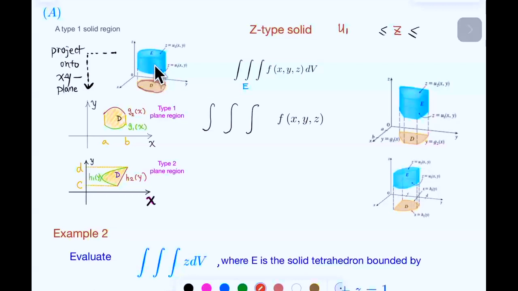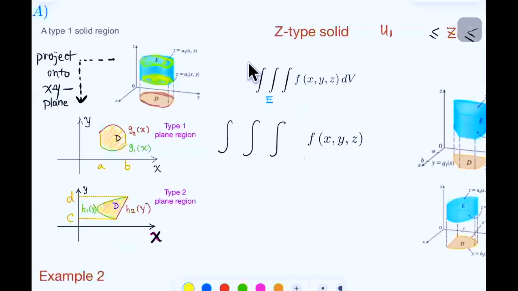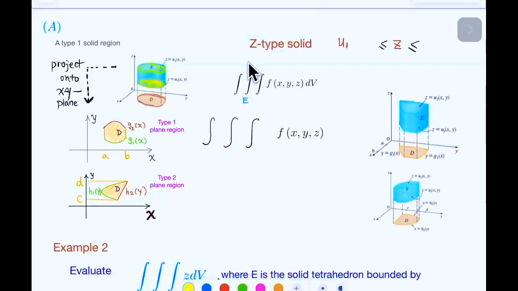Let me highlight this one more time. It's bounded below by that surface right there, and bounded above by this surface over here. So you have two surfaces, this and this. So bounded below by what?